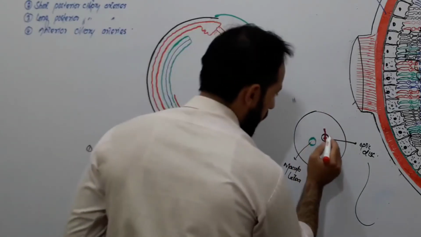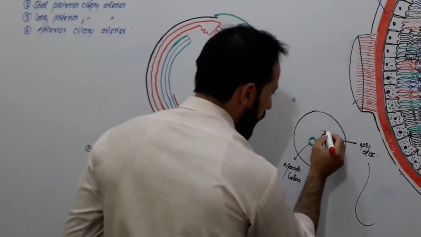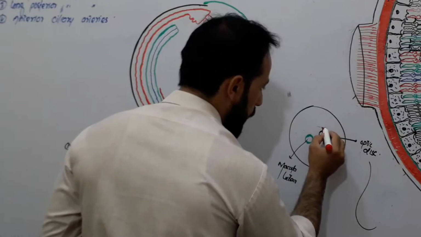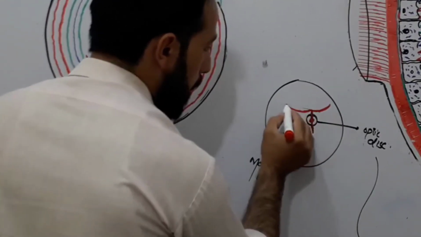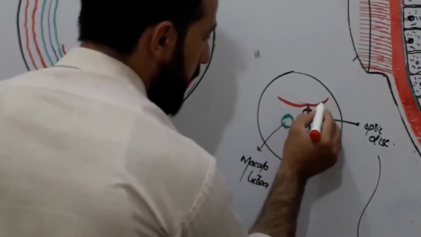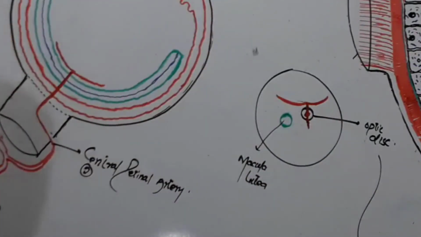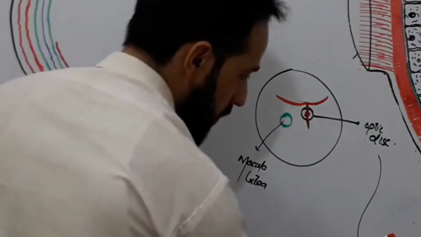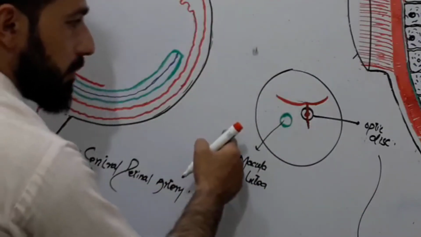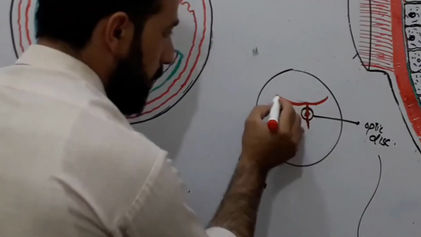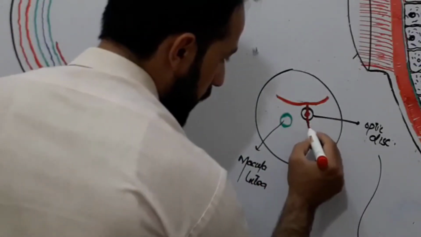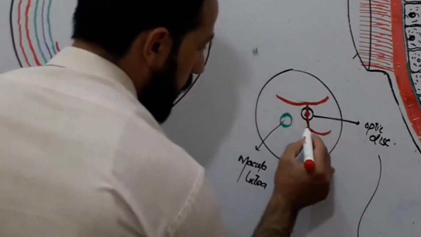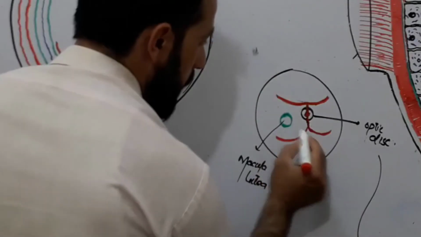So what will happen next? These superior and inferior branches will divide into a superior temporal branch and a superior nasal branch. Here is your nose, here is your temporal bone, so this is the temporal branch and this is the nasal branch. And the same will be the case here, the inferior nasal branch and the inferior temporal branch.